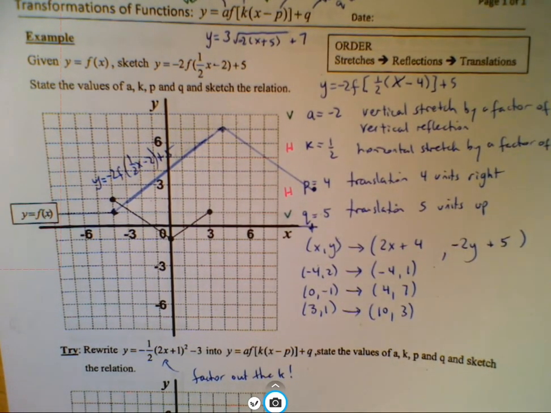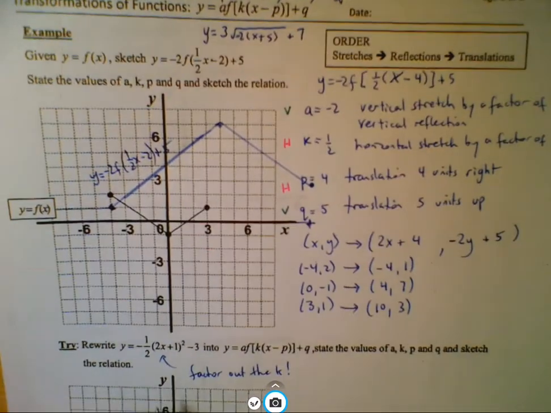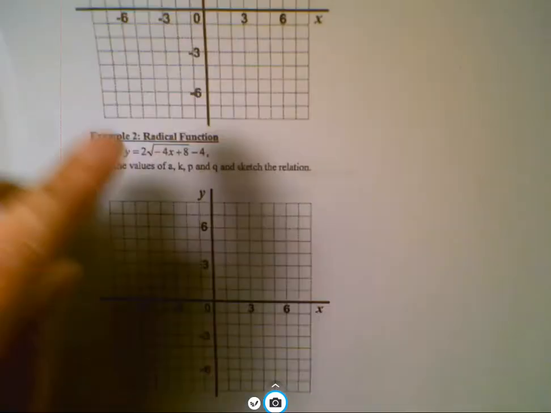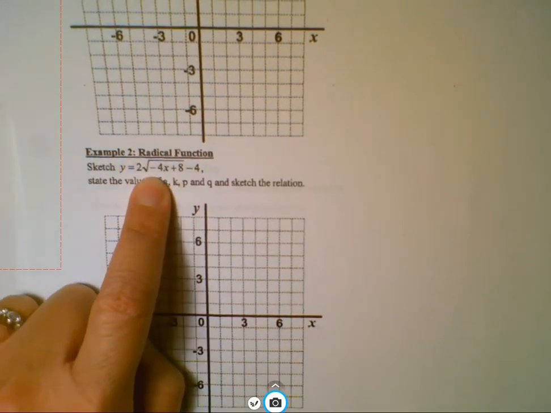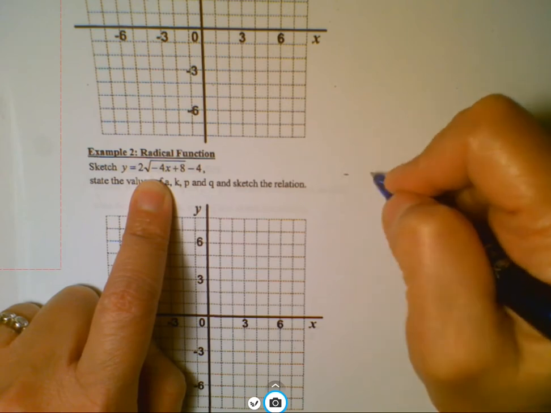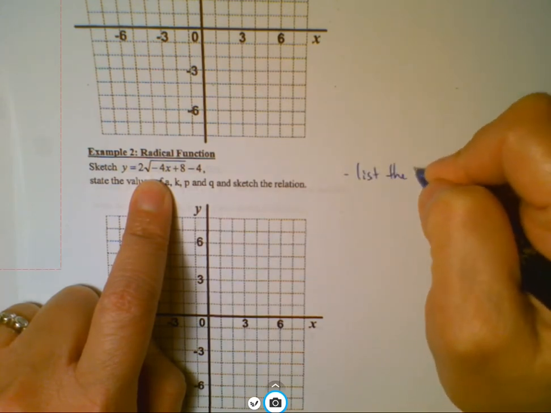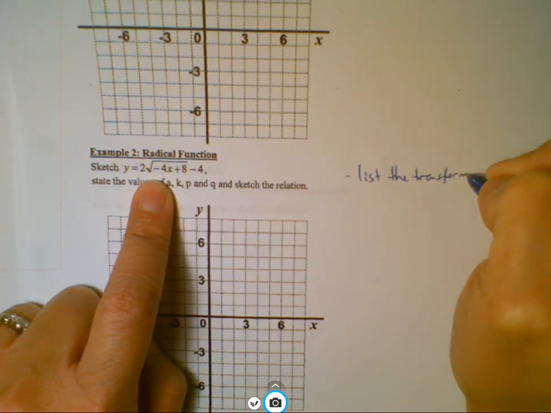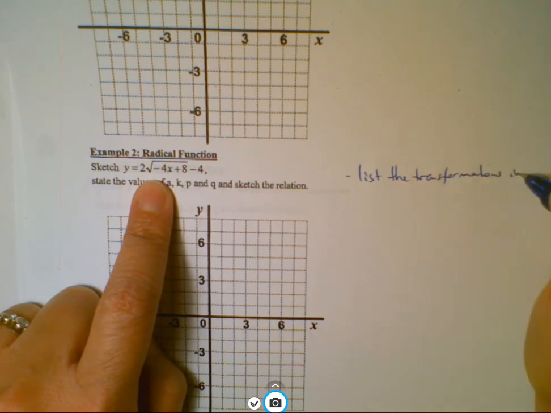Let's see what's on the next page. So there's an example with quadratic. There's an example with radical. So I'll just remind you all the time, okay? So you're going to list the transformations in words all the time.